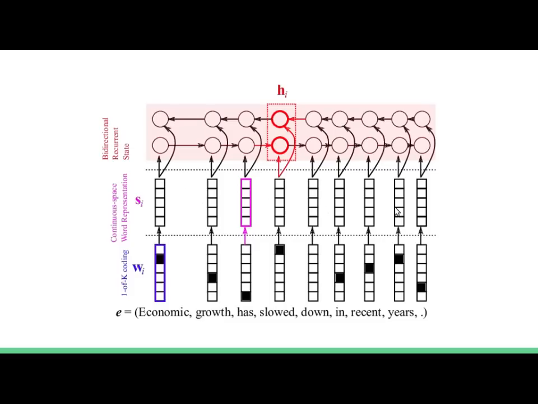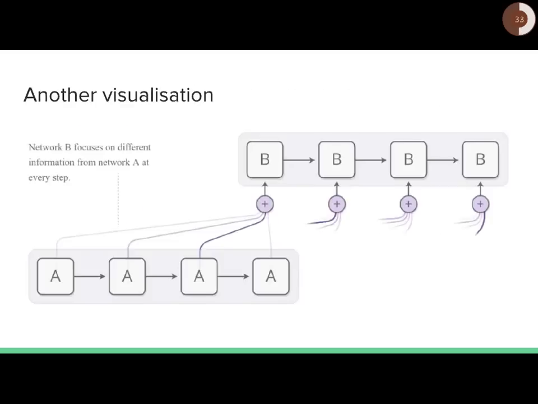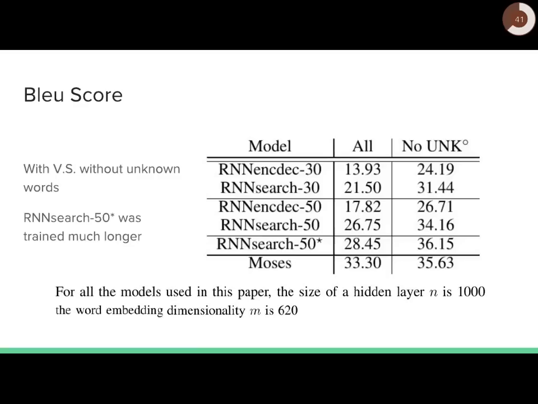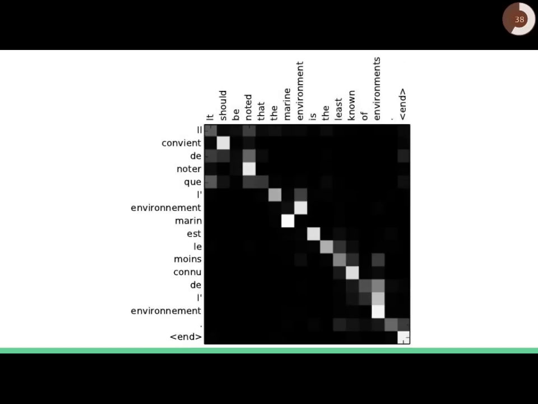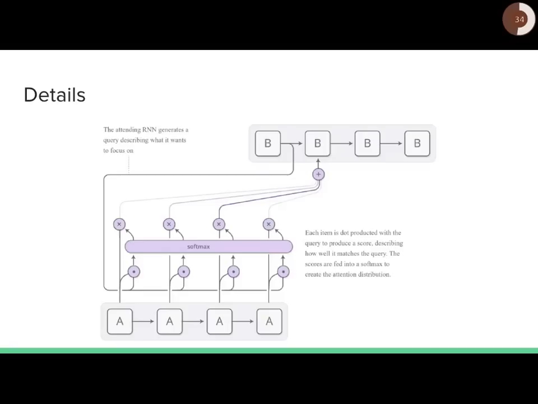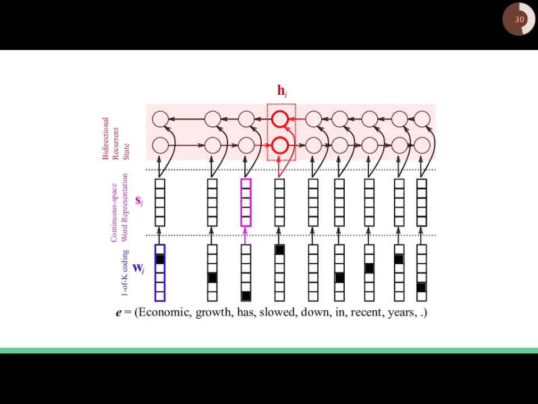This can be done with Word2vec in some implementations, and in their paper they use, I noted it somewhere, yeah, 620. It's the size of their word representations in the inputs. And their hidden layer has a length of 1,000. And by hidden, I mean the recurrent cells' width.